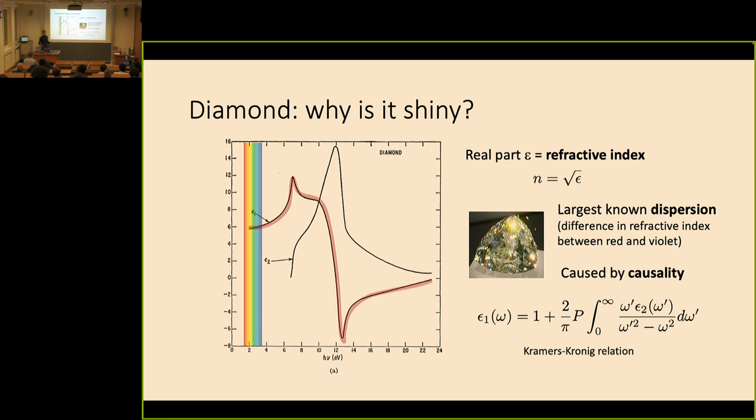And that's why a diamond is so shiny. So probably the most perfect jewel would be a material where you have a gap just above here, so you have intense dispersion and always rainbow colors shooting from it.